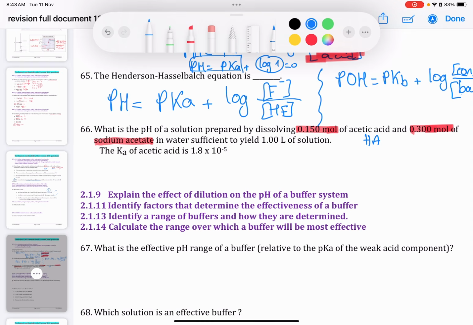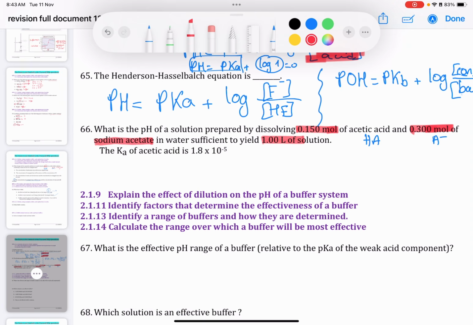The acid and its conjugate base, their names are so close and similar. Acetic acid, acetate. We don't need the sodium in this. So the acetate, I'm going to write the formula as A minus. I don't have to know the formula in order to solve and find the pH. In a total volume of 1 liter.